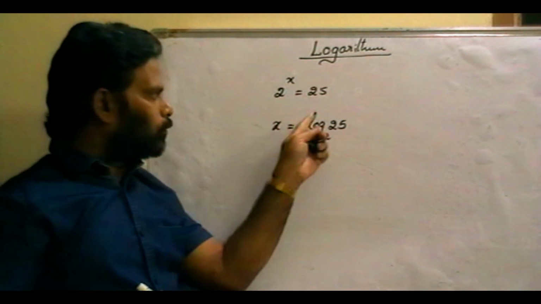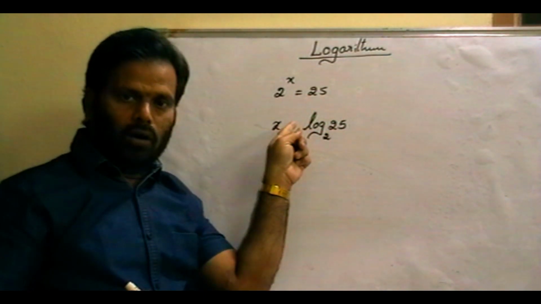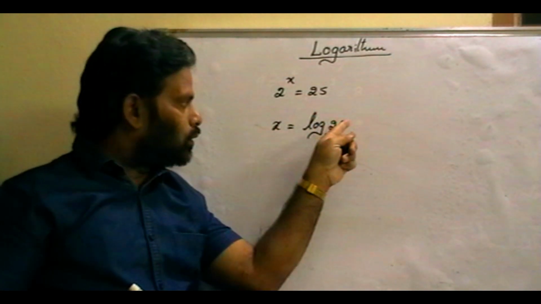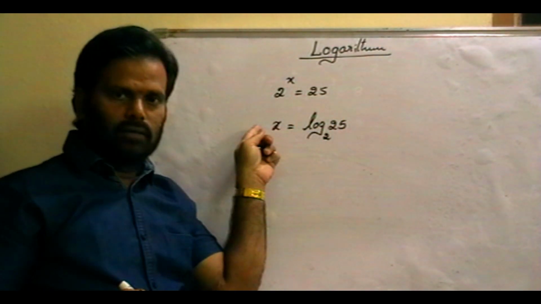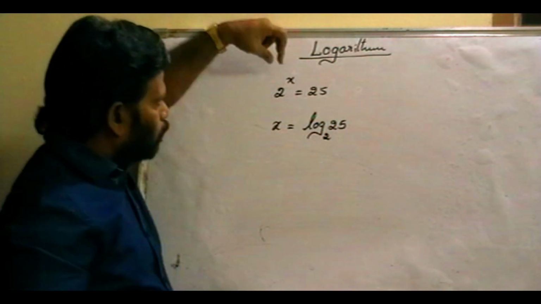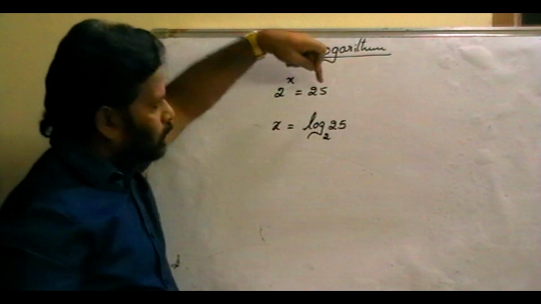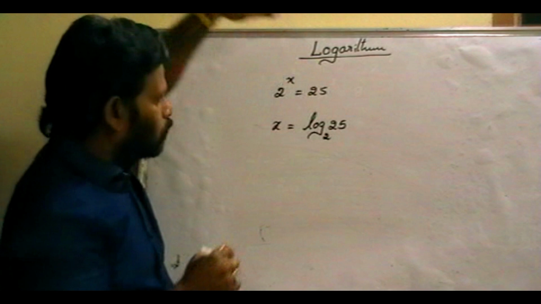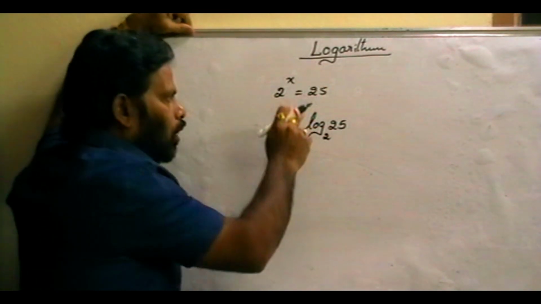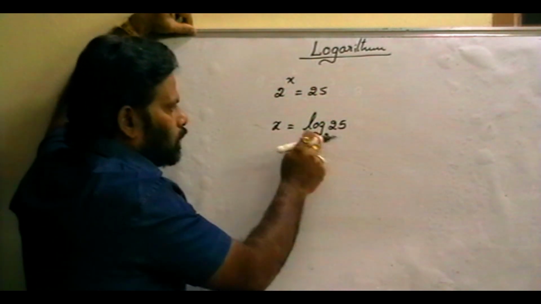So logarithm of 25 to the base 2 is x. This x is a power: 2 to the power of x is equal to 25. To find the value of x, it is a new topic, logarithm. Log 25 to the base 2 is equal to x.